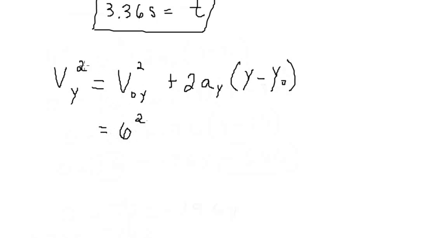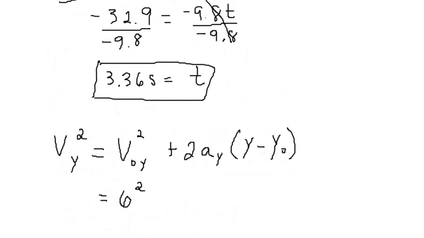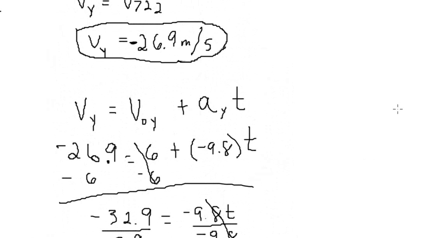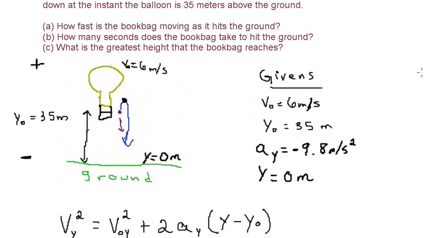Now that we did this, let's look at the final velocity. A lot of you are probably thinking that the final velocity is this one right here, and this is actually not true. This is the final velocity when the book bag hits the ground, but what we're looking for is the final velocity up here at the highest point.